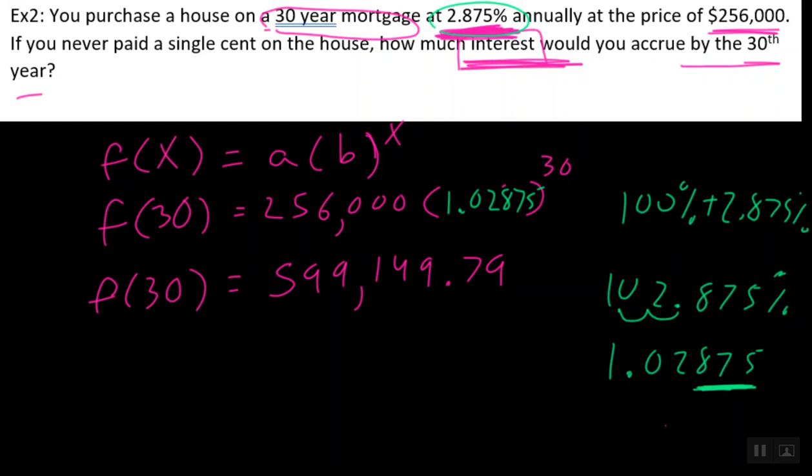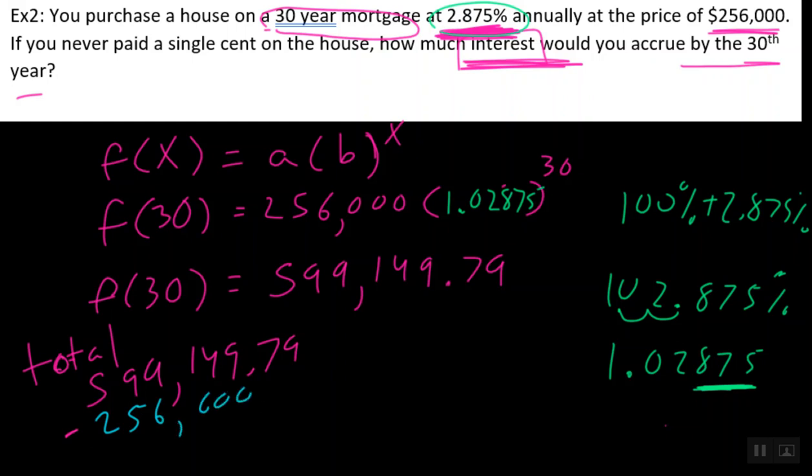Okay, now this is our total, $599,149.79. And remember, we want to subtract off our original value, 256,000, and this will actually give us our amount of interest.